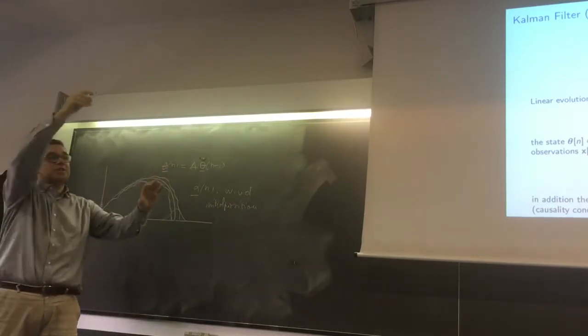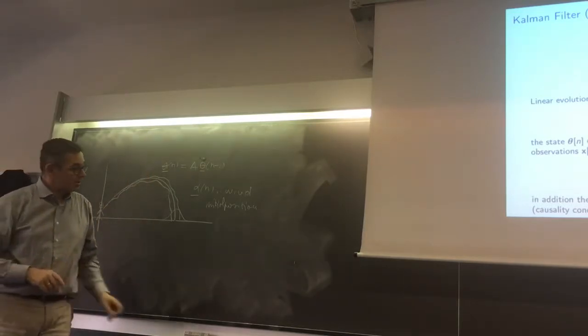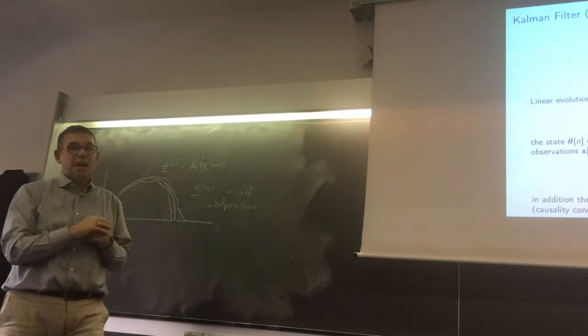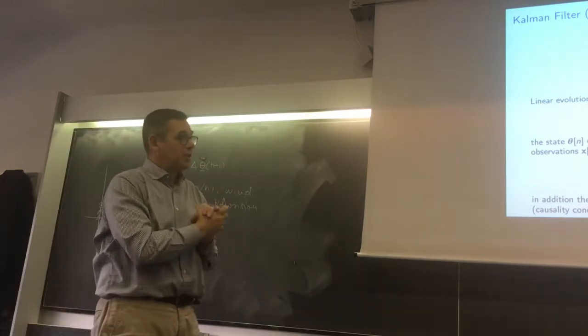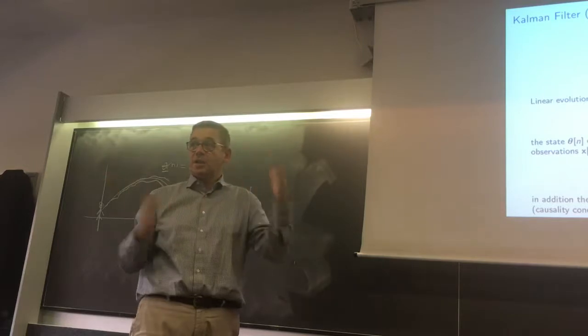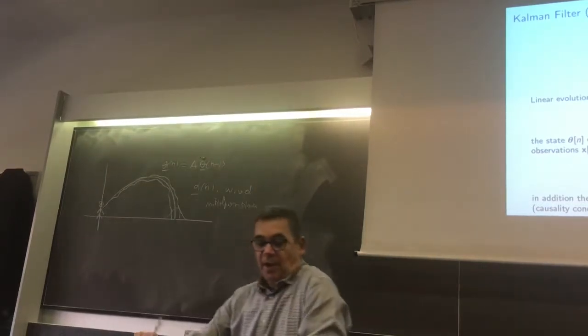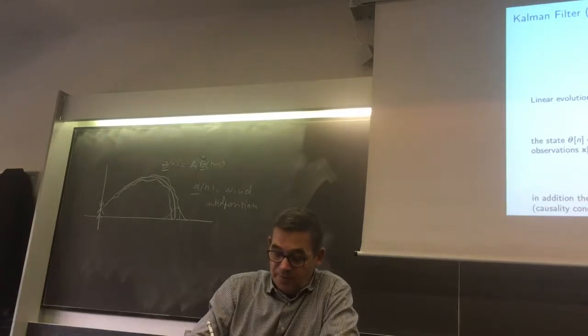If I'm throwing a certain way or the other way, it makes an impact. So these are some uncertainty. These uncertainties are taken into account by alpha, which is the excitation of the evolution of the dynamic of the system.